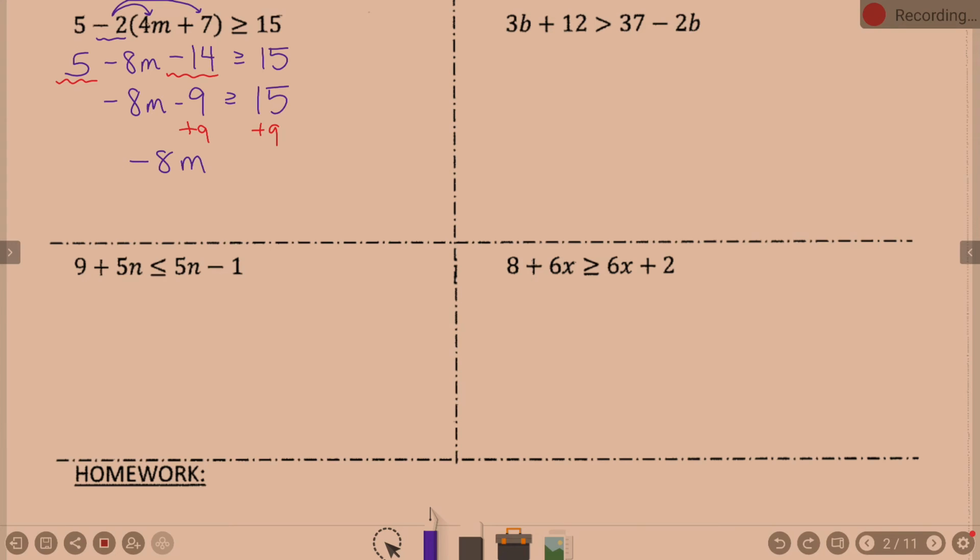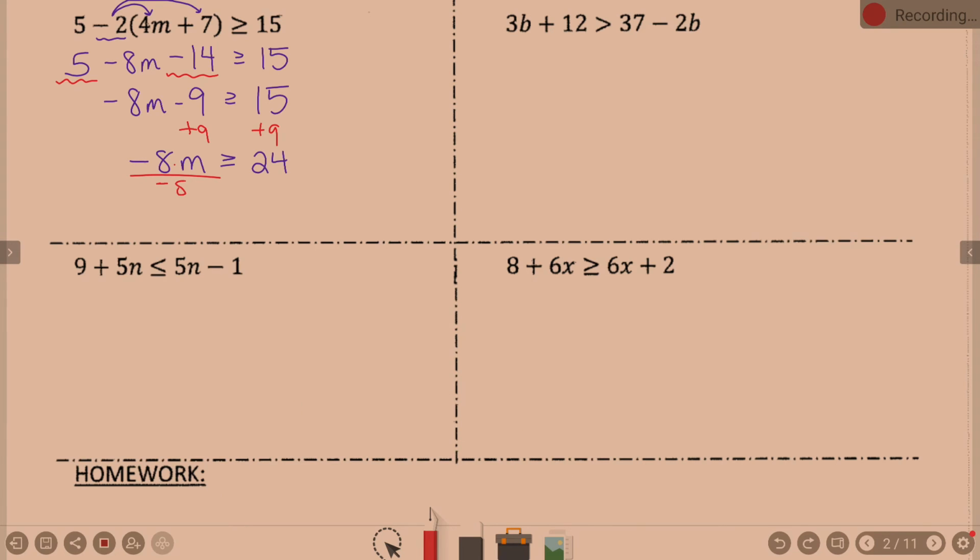Minus 9 plus 9 cancels to be 0. 15 plus 9 is 24. Still not done because you have to divide by not just 8, but negative 8.